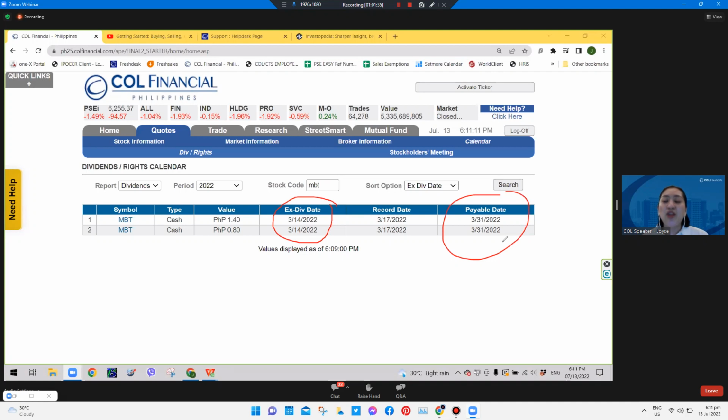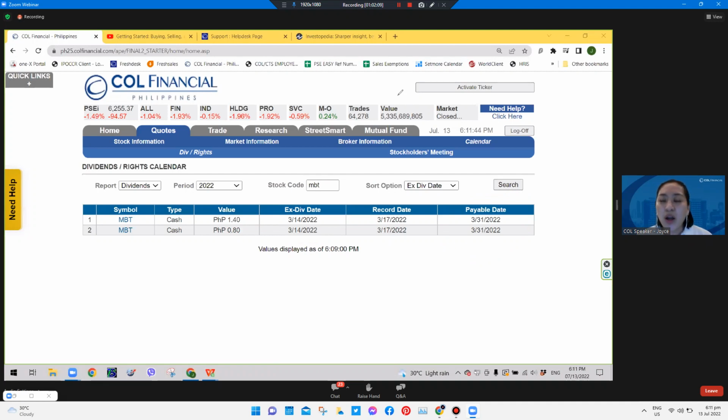Payable date is when you will expect the cash to be credited to your COL account. Again, it's not automatically credited to your bank account, it's to your COL account. Then from there, you can just do a withdrawal request if you like, or buy another share if you want to. So if you already have a stock in mind, just look at the dividend rights calendar here, so you can take a look at the ex-div date and the payable date and how much you'll get as well.